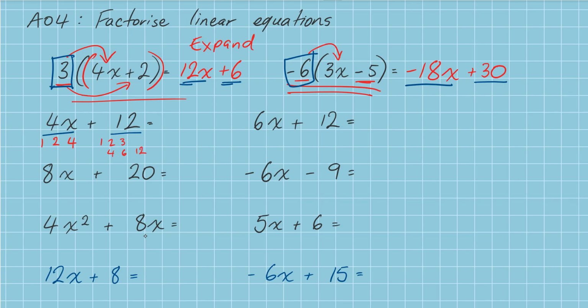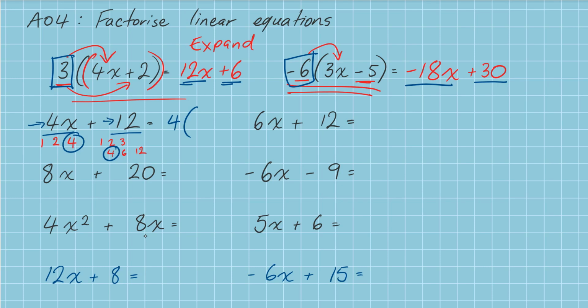So ideally we want to use the highest common factor. That's not always the case, but we're going to use it in this case here. I'm going to factorize this linear equation, and the number I'm going to use is the highest common factor, which is 4. So that common factor goes here, outside the brackets, and then I need to divide this by 4 and this by 4.